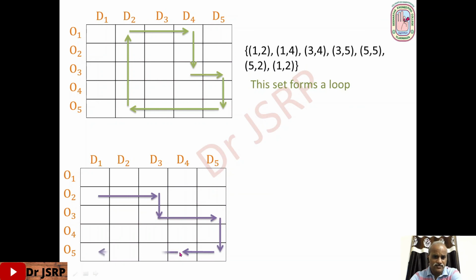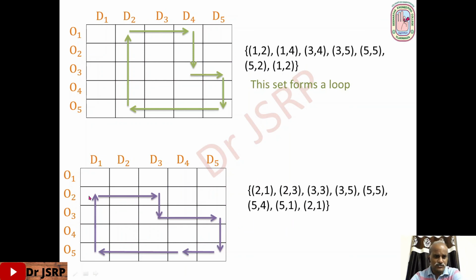From here, move to the 5, 1 cell. From here, move to the 2, 1 cell. How do you write it in set notation? This is the 2, 1 cell, the 2, 3 cell, the 3, 3 cell, next the 3, 5 cell, the 5, 5 cell, 5, 4, and 5, 1 and 2, 1.